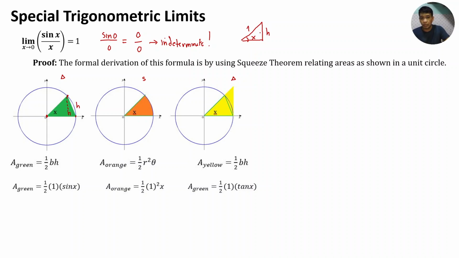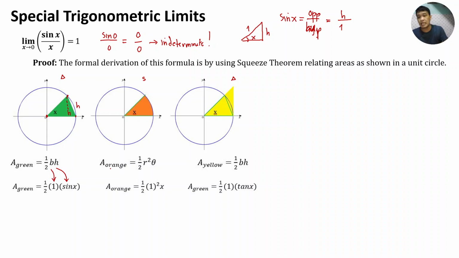Para makuha natin yan, gagamit lang tayo ng SOH-CAH-TOA. Sine of x is equal to opposite over hypotenuse. Opposite to x is h, and the hypotenuse is equal to 1. Then h is equal to sine x. So, that's why we have 1/2, base is 1, height is sine x.